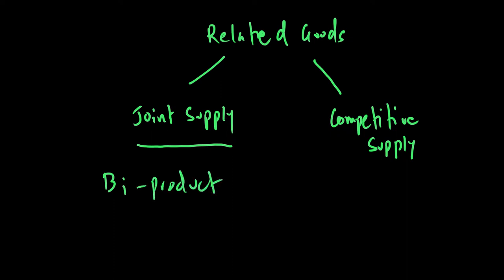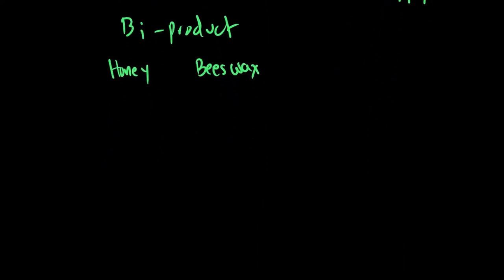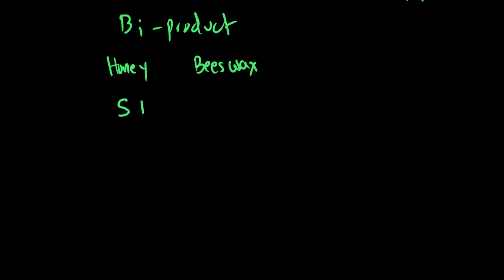For example, when you produce more honey, beeswax automatically comes as a byproduct. So, in other words, when the supply of honey goes up, it means higher production or supply of beeswax.